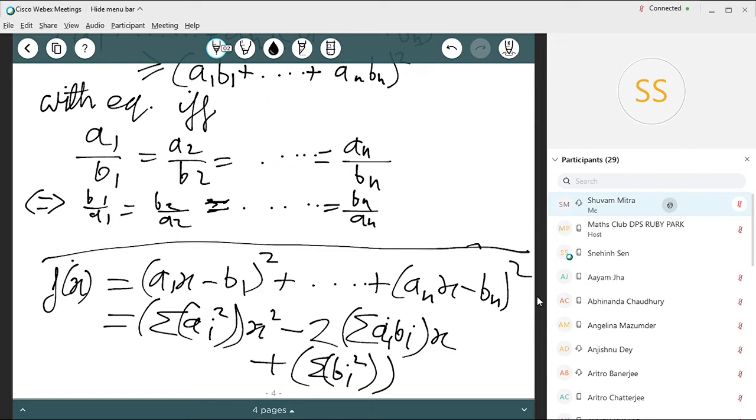Now, what's interesting about this quadratic equation? Any interesting property which you note about it?